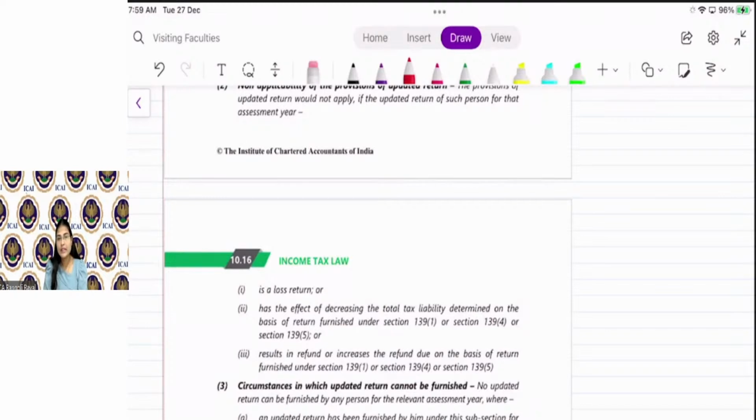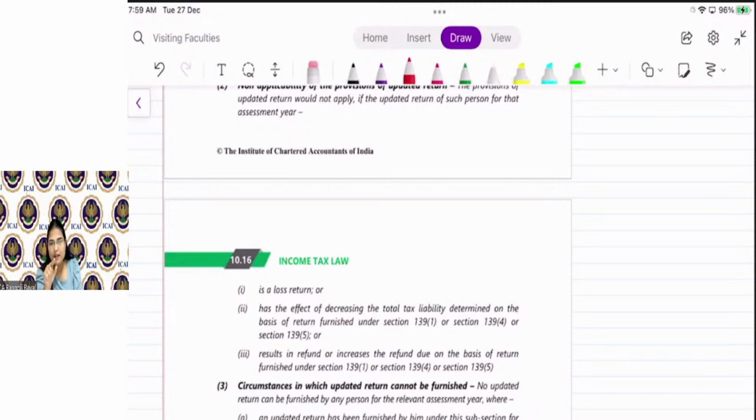As effect of decreasing the total tax liability determined on the basis of return furnished under 139(1), 139(4) or 139(5). Say for example, I have already filed the return of income. Whatever, original return, revised return, belated return. And after that, I forgot to claim certain expenditure.